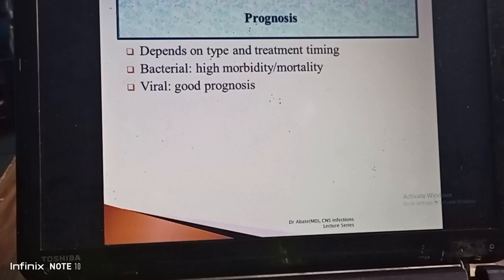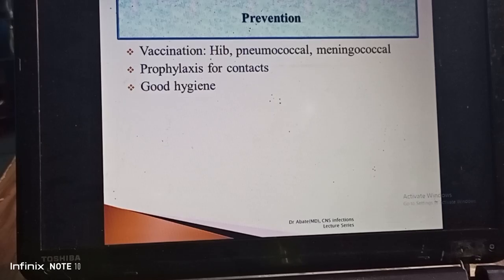When you start the treatment early, you make the prognosis somewhat better, and as the treatment goes later, you increase the mortality probability of the patient. In terms of etiology, bacterial etiology has high mortality and high morbidity compared to others. For viral etiologies, the prognosis is good relative to other etiologies.